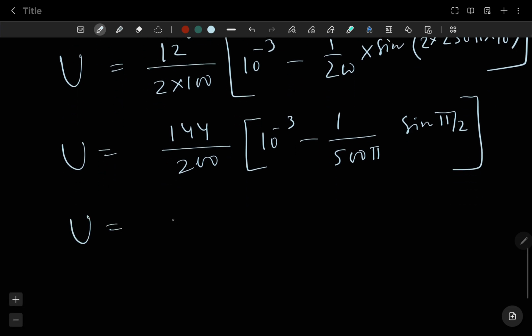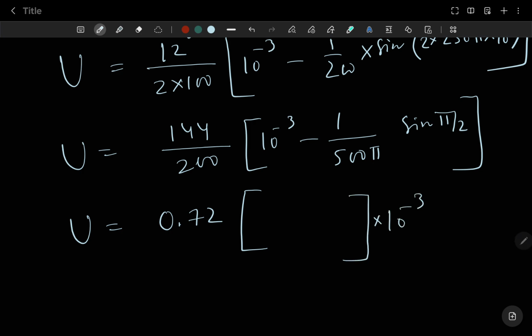So ultimately we'll get 0.72 here, and if 10 to the power minus 3 is taken common, what we get here is 1 minus 2 by pi, right?